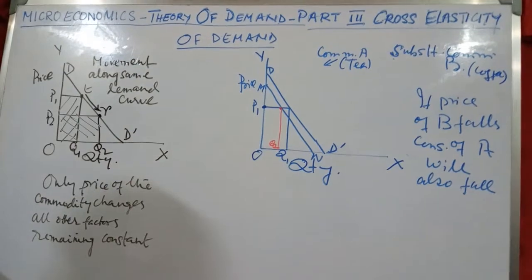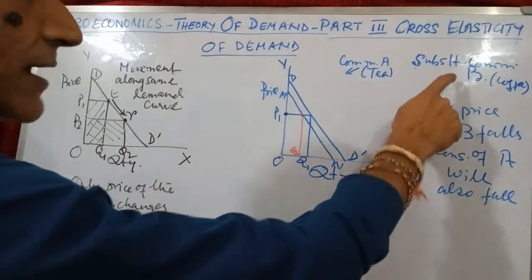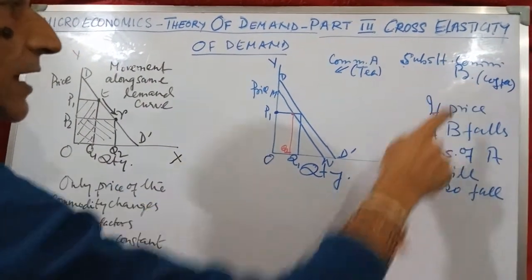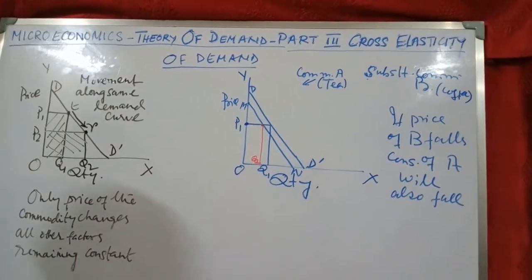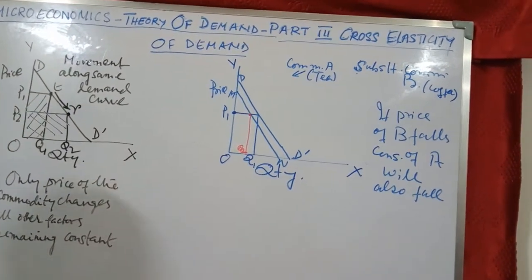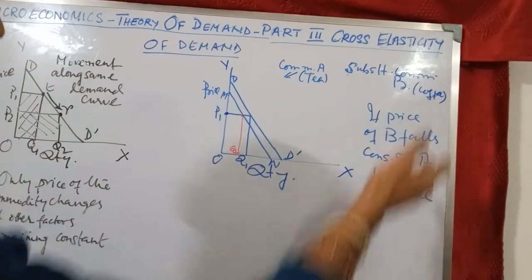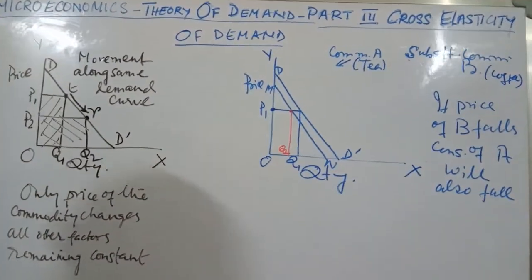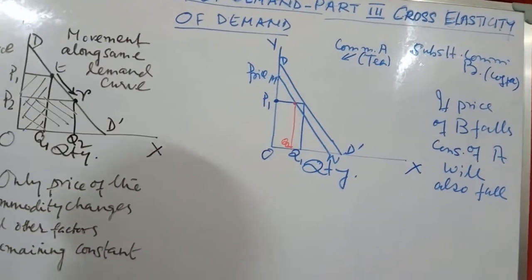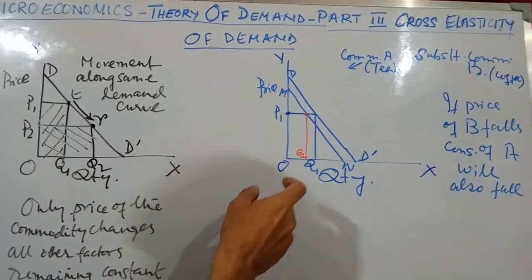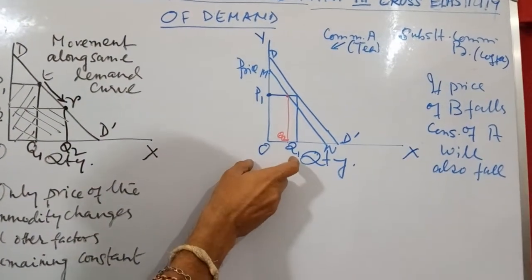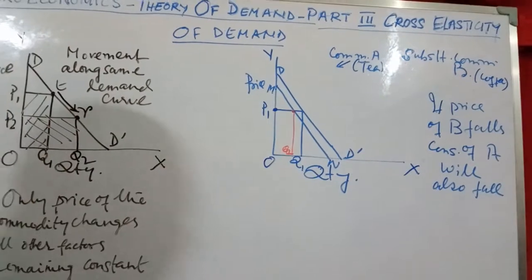Why? Because the price of coffee has fallen and the consumer has shifted his consumption towards coffee. As a result, his consumption of tea has fallen. So he will be purchasing a lesser amount of tea even at the same price.